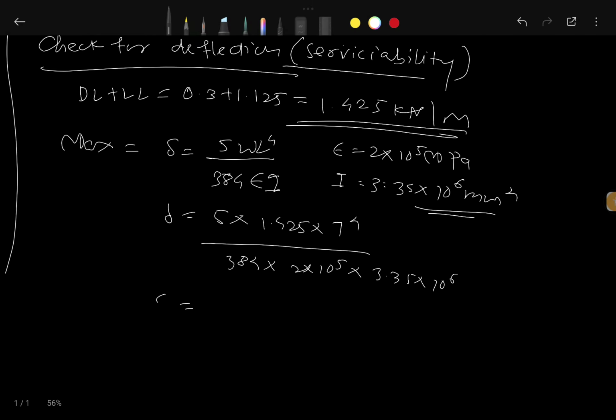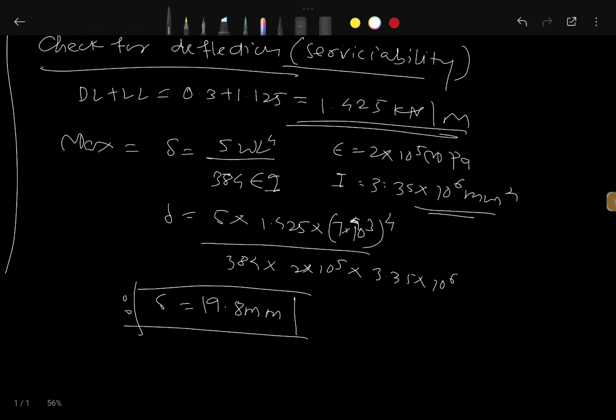The L is 7 into 10 to the power 3 raised to 4, because this is all in mm. So the value will come 19.8 mm. This maximum deflection will occur in this purlin, 19.8 mm.